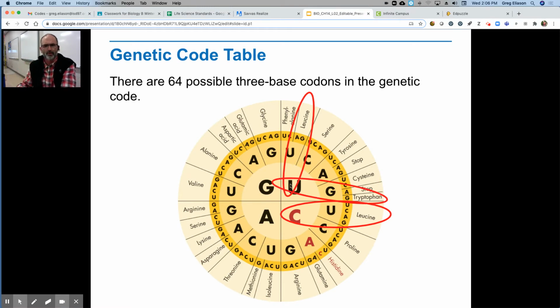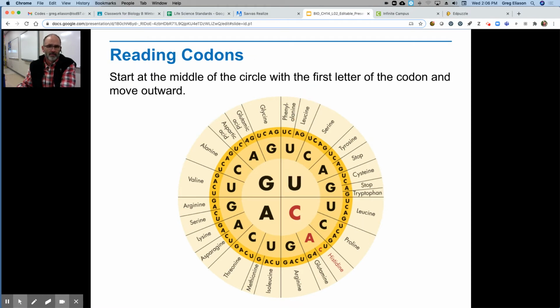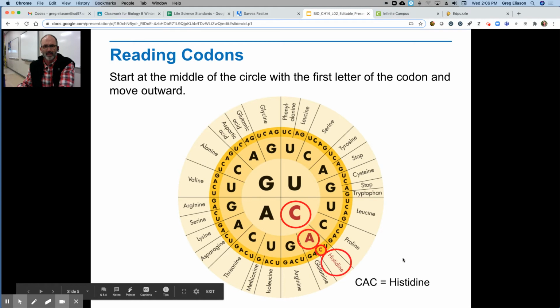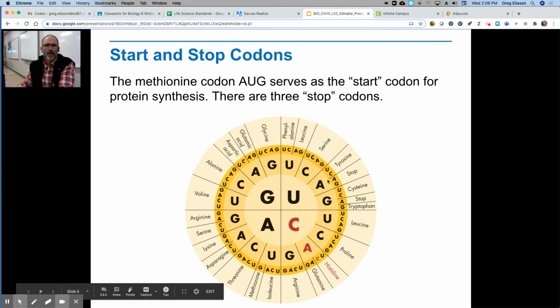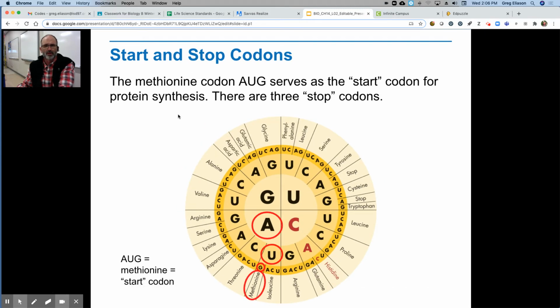And UGG is tryptophan. So different amino acids are coded for differently. As it says, start in the middle, work outward. And there's your histidine, CAC. Methionine, AUG is our start. I already said that. And then again, UAA is stop and UAG is also stop.